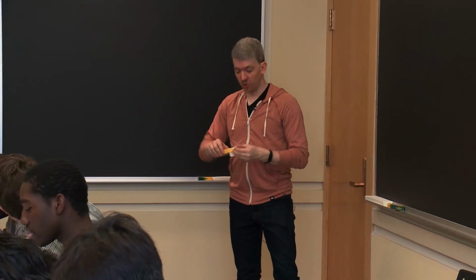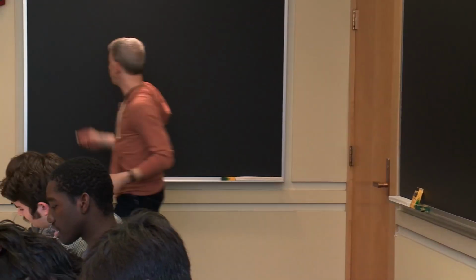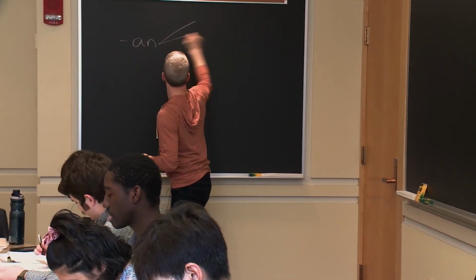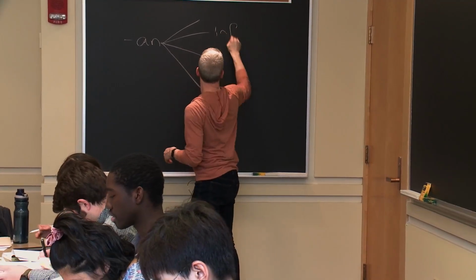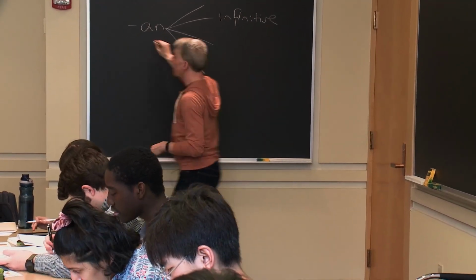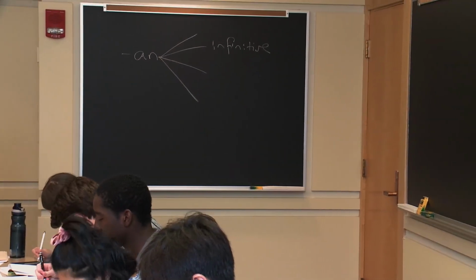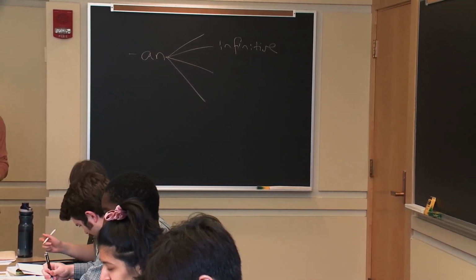So AN is all over the place, and AN is going to be one of your most challenging, frankly, endings when you see an Old English word, because AN is, as I think we discussed last time, the typical ending for an infinitive, that is to say, a verb, your base verb form.